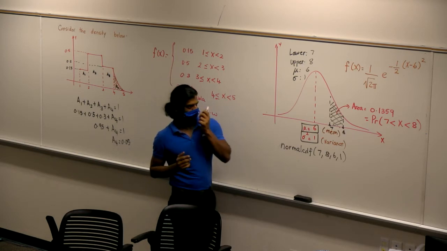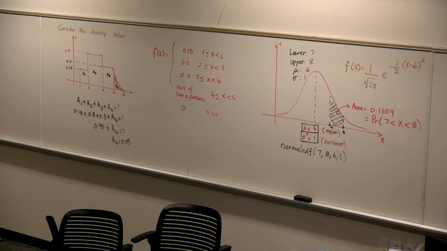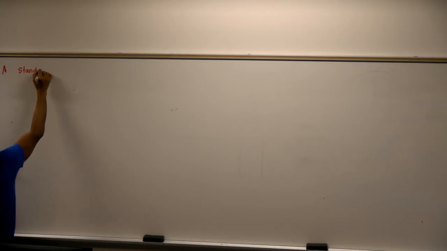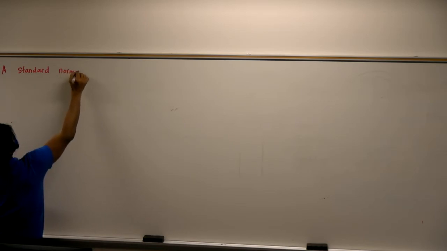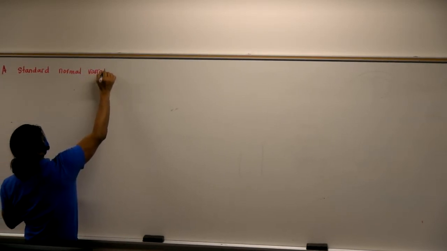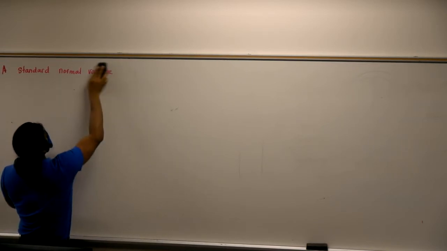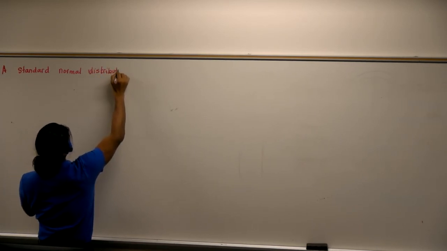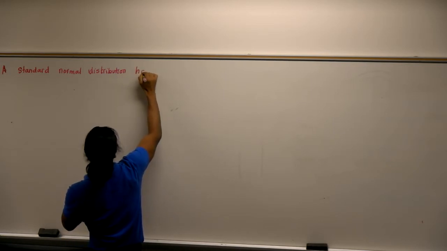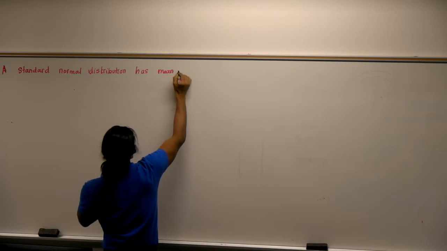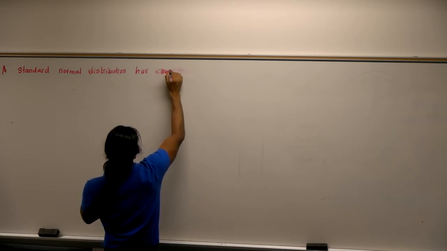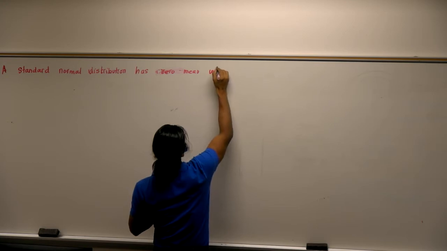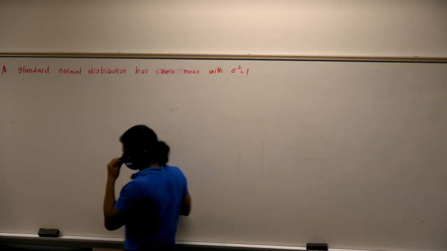Good. Not variable, a standard normal distribution has zero mean with variance 1.